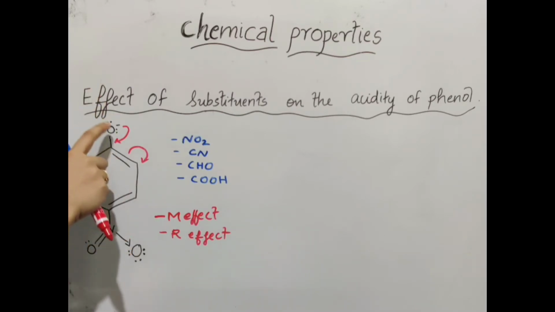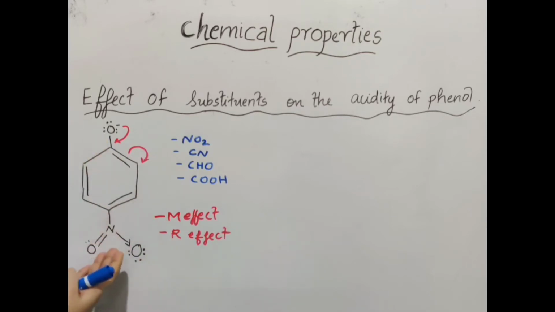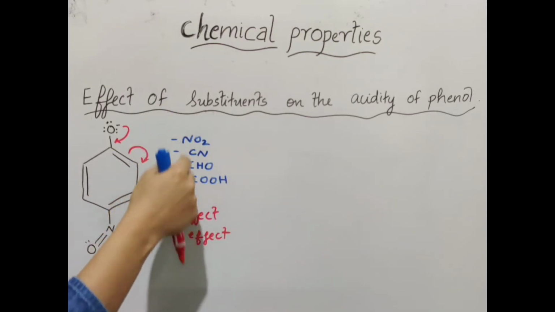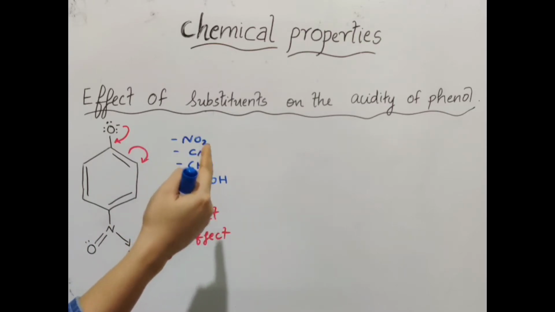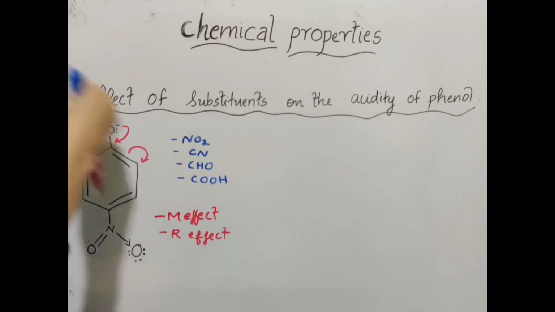The electron density on the O decreased by minus M effect or minus R effect due to the presence of the NO2 group. Not only NO2, but all these electron withdrawing groups, NO2, CN, CHO, COOH etc., reduce the electron density by minus M or minus R effect. Hence, at the oxygen's position the electron density is lesser, and it will always try to release H plus.